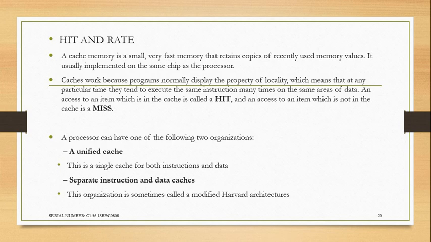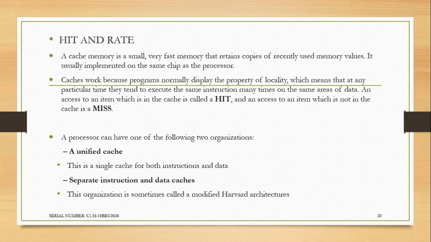If the instruction is found in the level 1 cache, then the hit rate is 100% and the miss rate is 0. It means there is a 100% probability of getting the instruction in the level 1 cache itself. Otherwise, it goes on increasing its cache level until the hit rate is 100% and the miss rate is 0, where it can go till main memory.